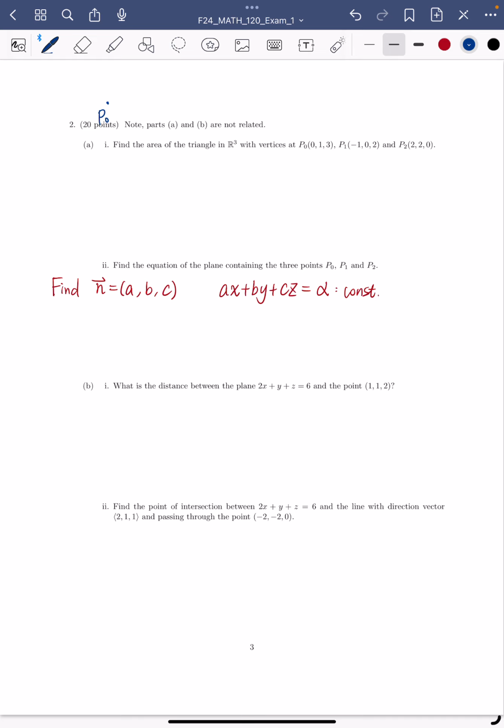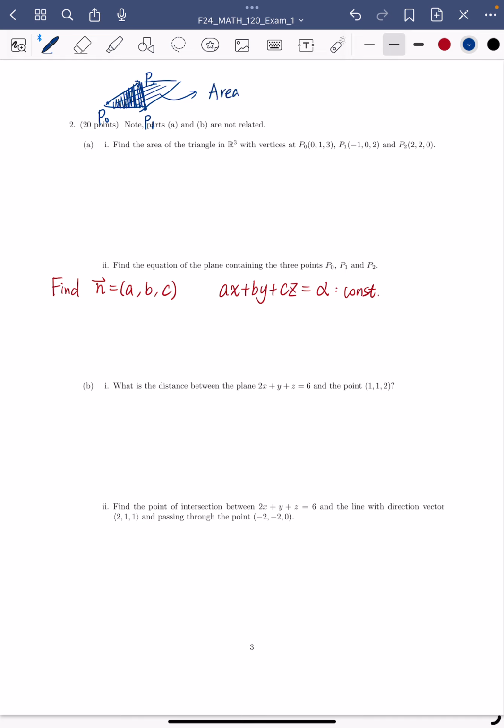If you have a triangle like this, P, okay, then you can compute the area of the parallelogram. So the area, and if you divide this area by 2, you get the area of the triangle.